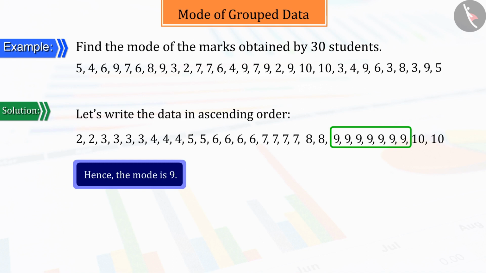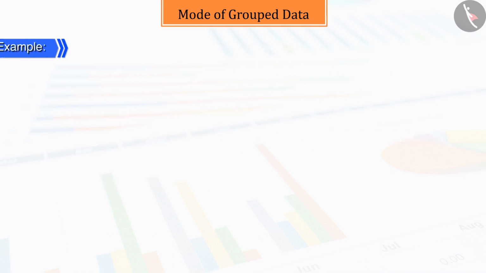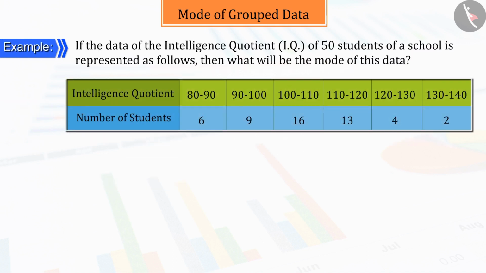Let us see the next example. The intelligence quotient, that is IQ, of 50 students of a school are represented as below. So, can you tell what will be the mode of the given figures?